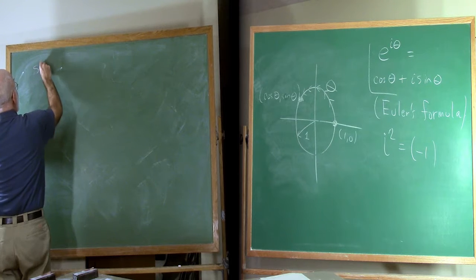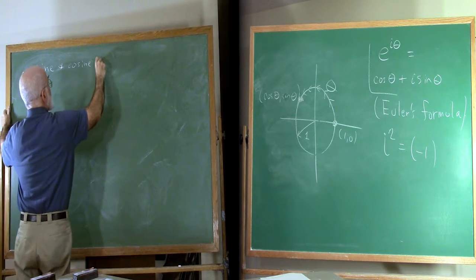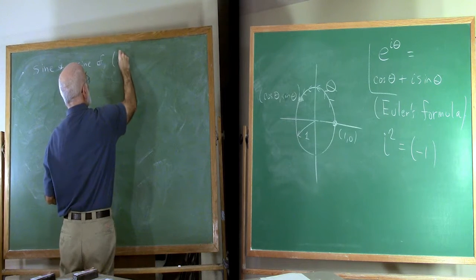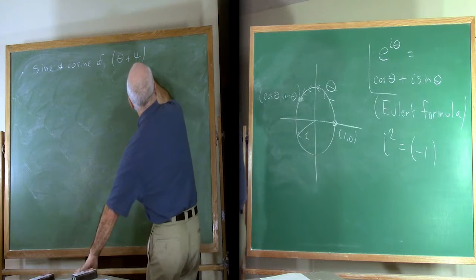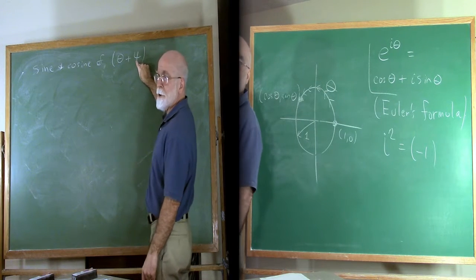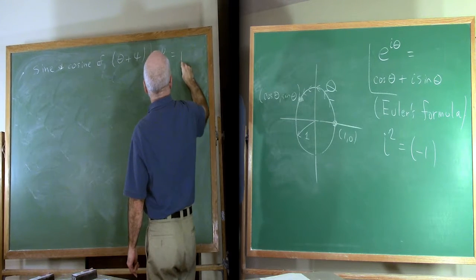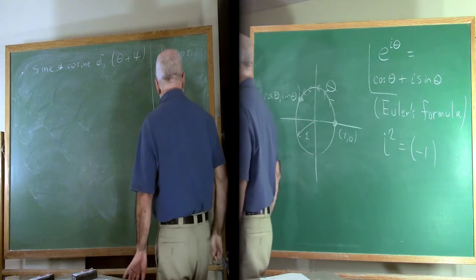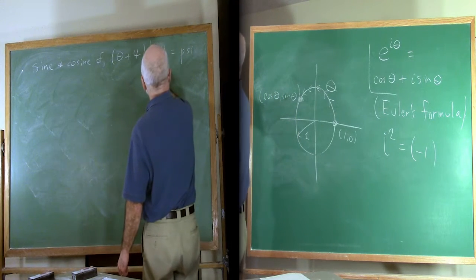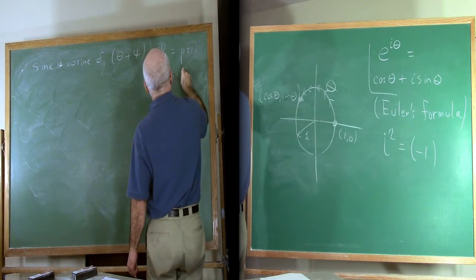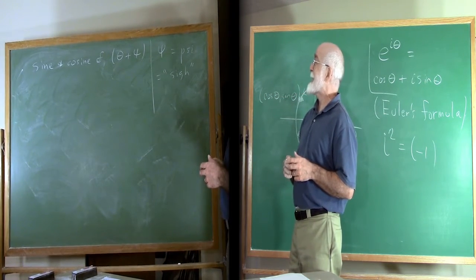I'd like to get sine and cosine of theta plus psi. That's another Greek letter, psi. That's how it's spelled. Phonetically, I would spell it S-I-G-H, psi.